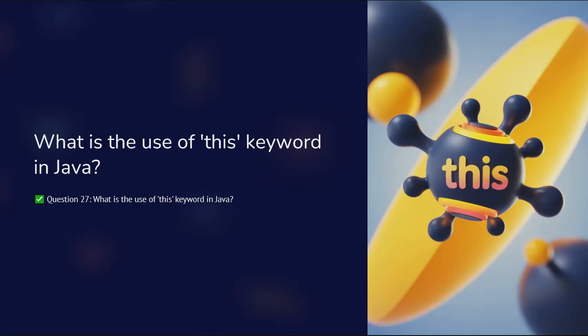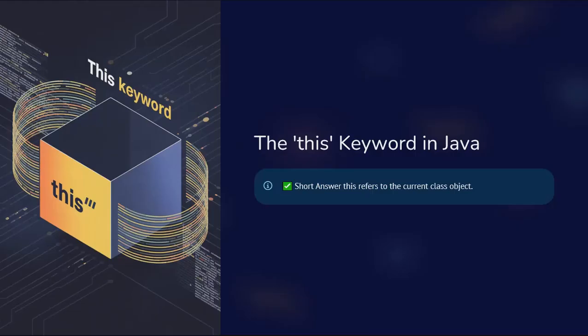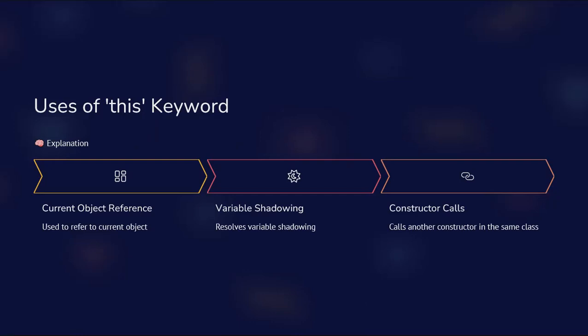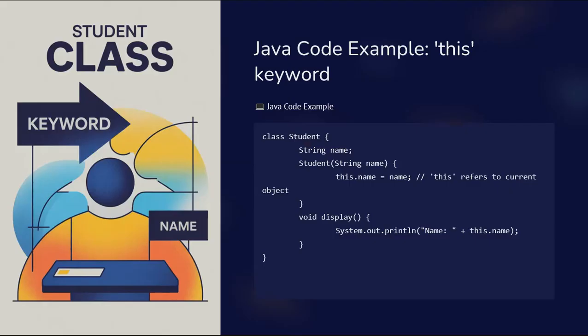So our next question is, what is the use of this keyword in Java? So this refers to the current class object. Current object reference used to refer to current object. Resolves variable shadowing, calls another constructor in the same class.